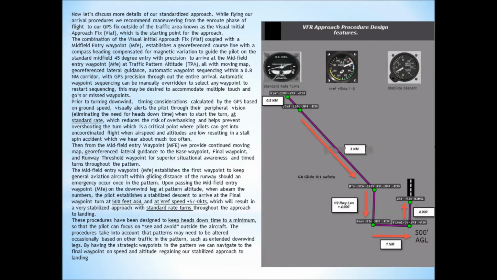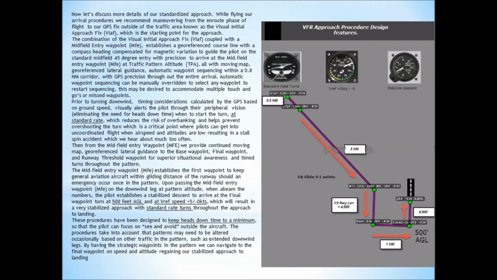While flying our arrival procedures, we recommend maneuvering from the en route phase of flight to our GPS fix outside of the traffic area known as the Visual Initial Approach Fix, which is the starting point for the approach.